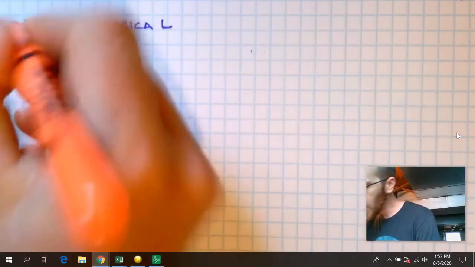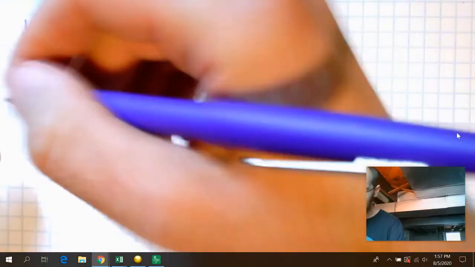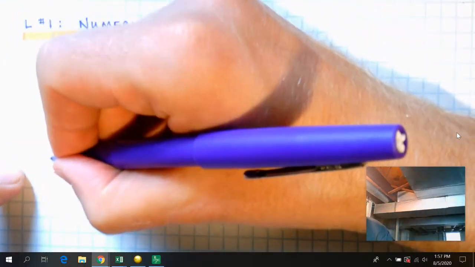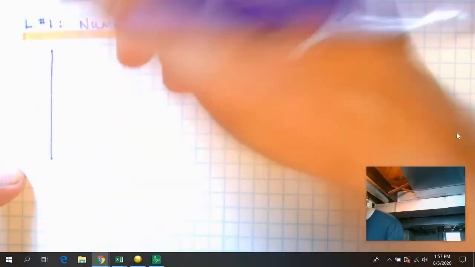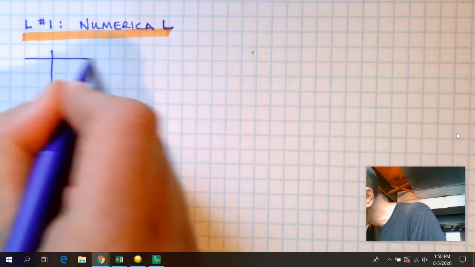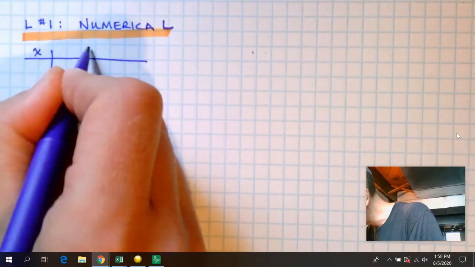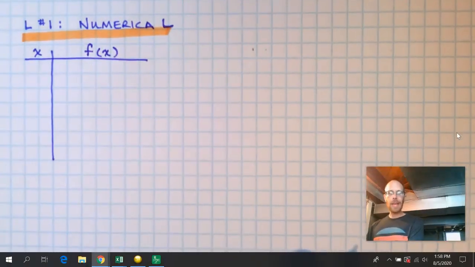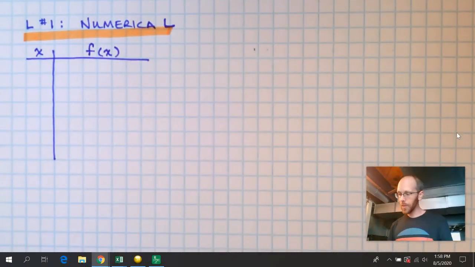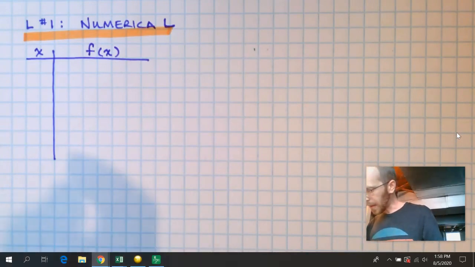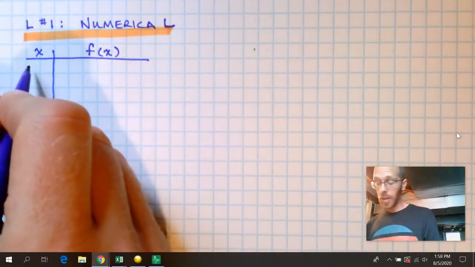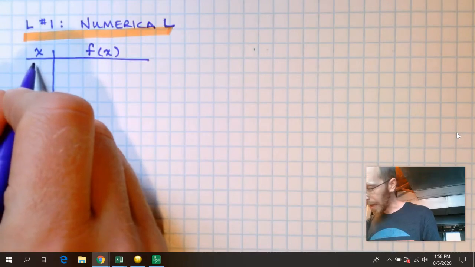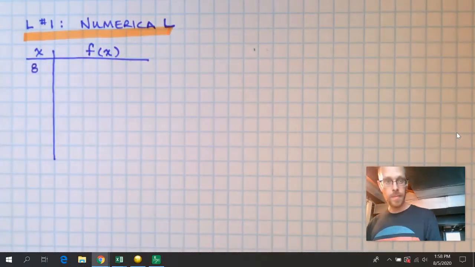Limit number 1 is going to be what I call the numerical approach, which means let's make a little table. Here's x, here's f of x, and I'm interested in the limits surrounding 9. So let's pick some values that are close to 9.